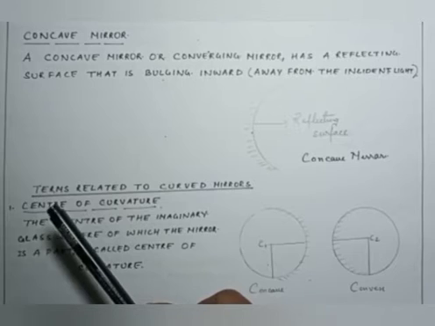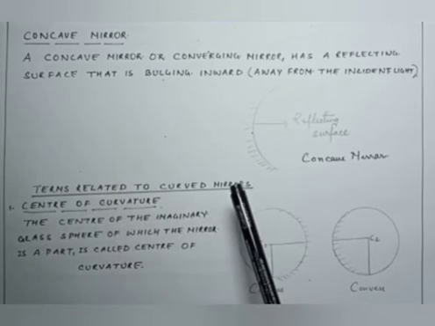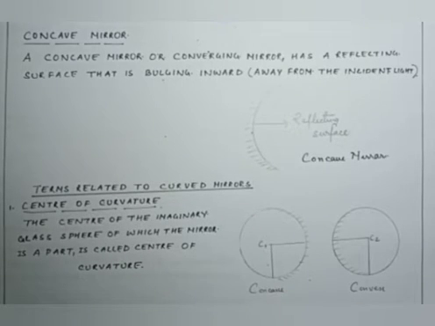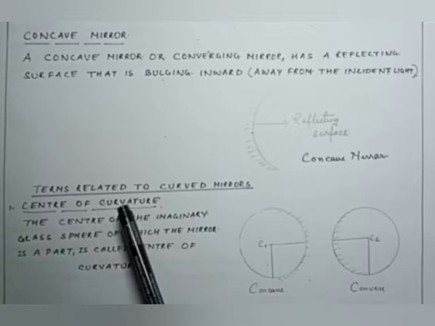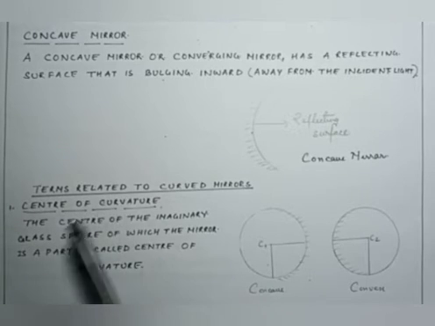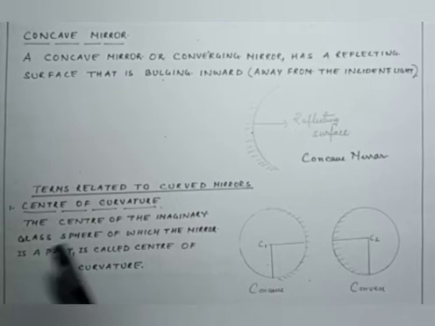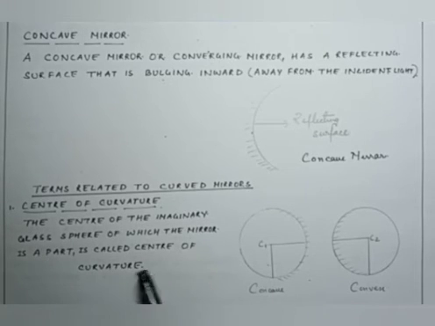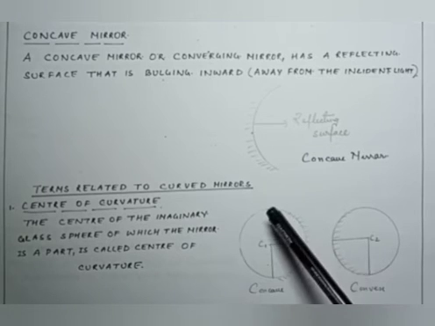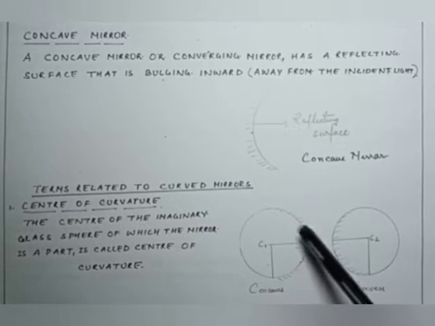Let us move to another topic, that is terms related to curved mirrors. The first is center of curvature. What is center of curvature? The center of the imaginary glass sphere of which the mirror is a part is called center of curvature. This is a concave mirror.